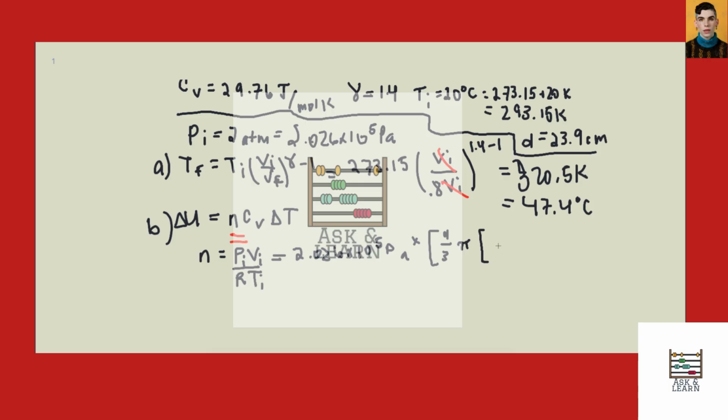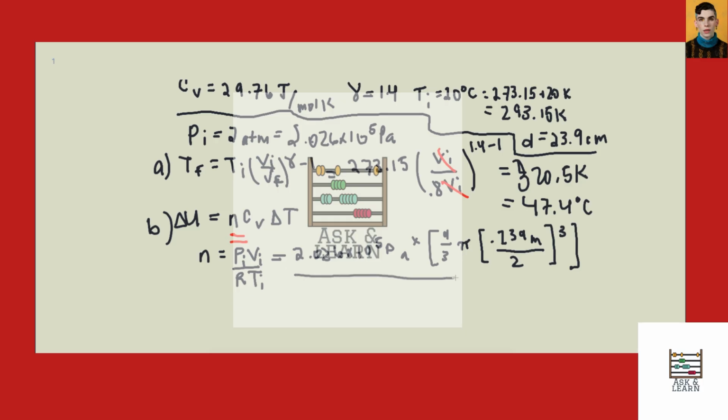So converting 23.9 centimeters to meters is just 0.239 because there's 100 centimeters per meter. And you want to divide that by 2 to get the radius. So the formula for the volume of a sphere is 4/3 pi times radius cubed. So we have to divide the diameter by 2 to get to the radius.